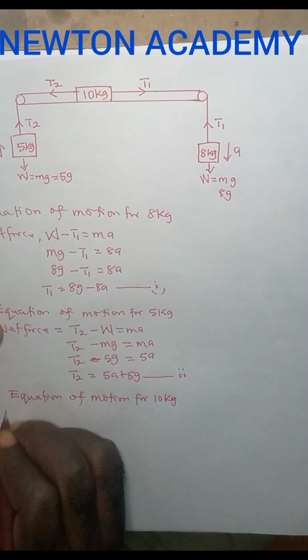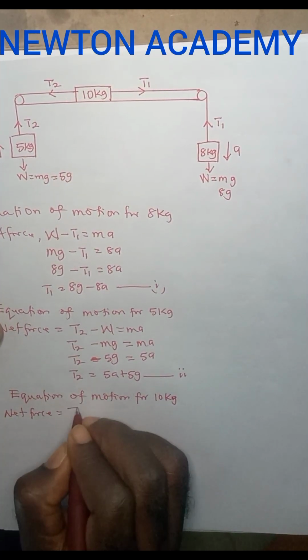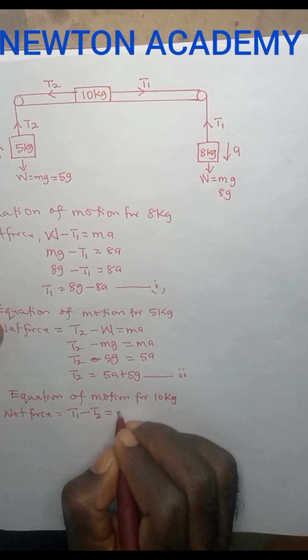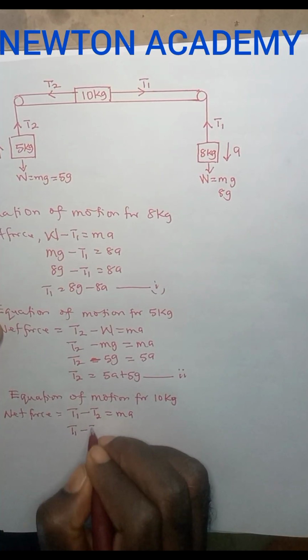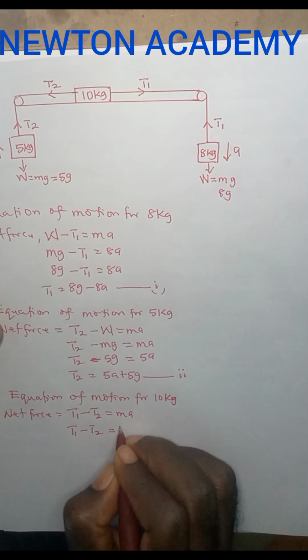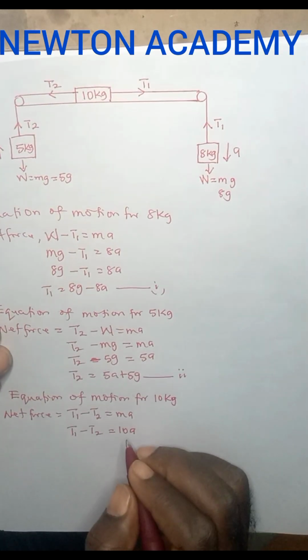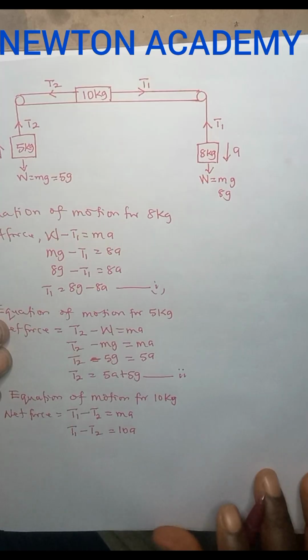Then the net force is going to be T1 minus T2, and net force is equal to ma. Then we have T1 minus T2 is equal to, the mass is 10, so 10a. Then from here, let us substitute the value of T1 and T2 from equation 1 and 2.